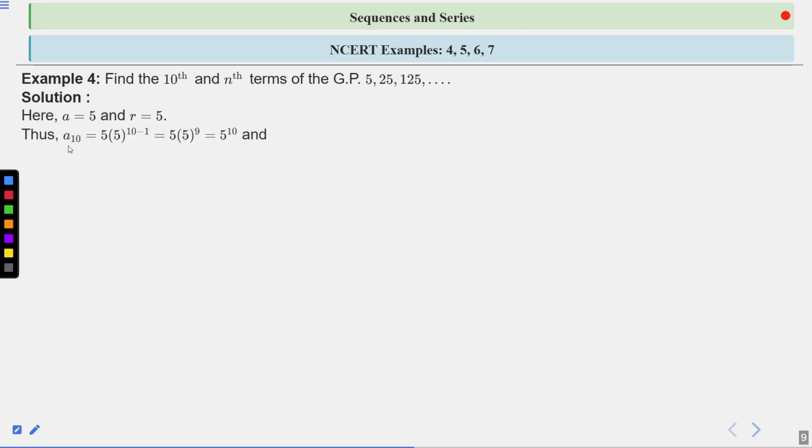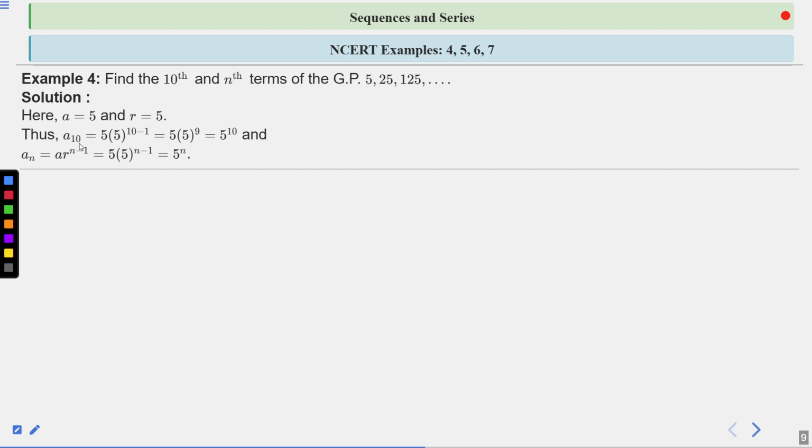Now, using the general nth term formula, we get a10 as first term times common ratio raised to the power 10 minus 1. In this case, we are getting 5 times 5 raised to power 9, which is 5 raised to power 10. So, this is your 10th term of your GP. Simple.